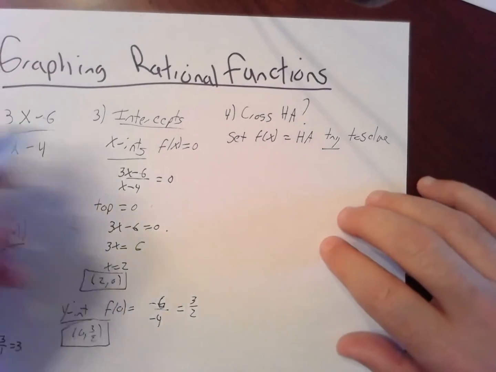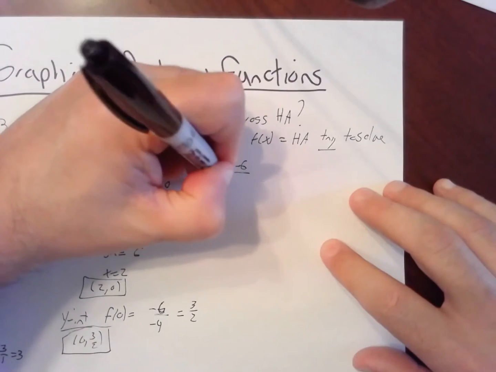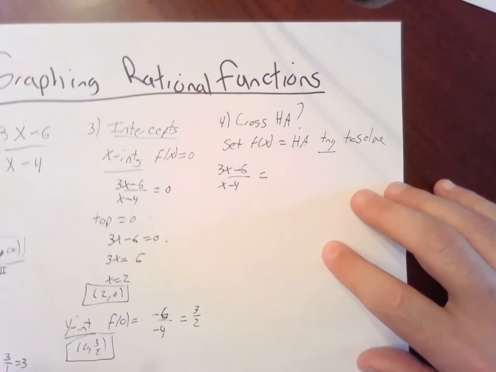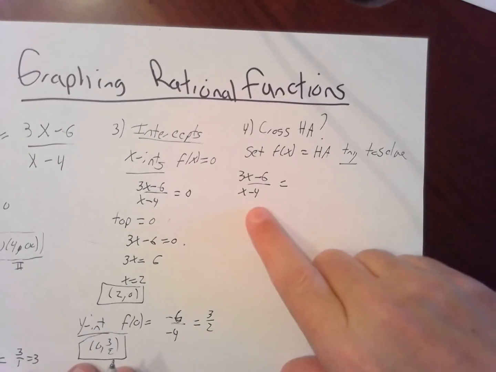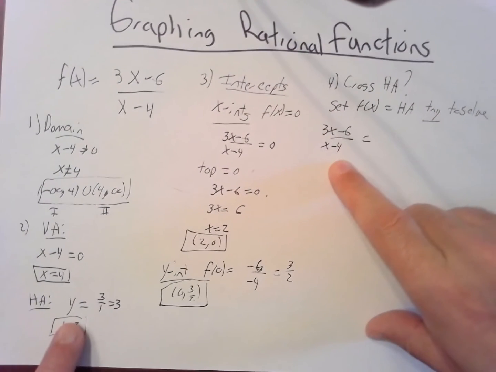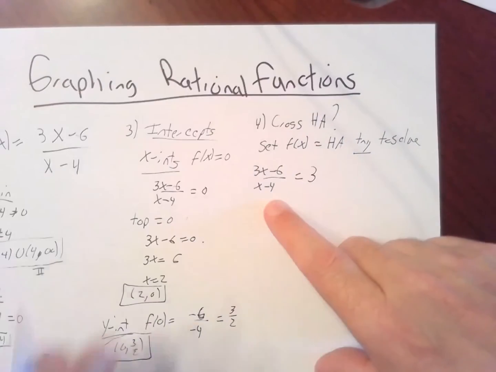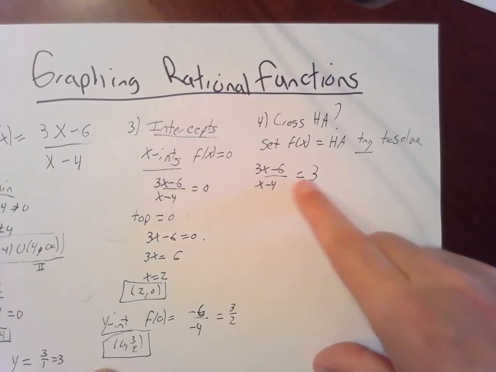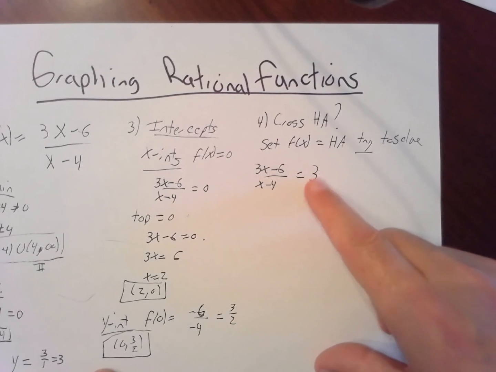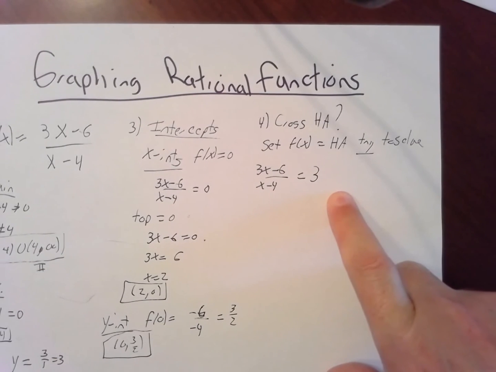Okay, so my function was y equals (3x minus 6) over (x minus 4). My horizontal asymptote right here was y equals 3. So y equals the function, y equals 3, the asymptote. Set those equal and try to solve.